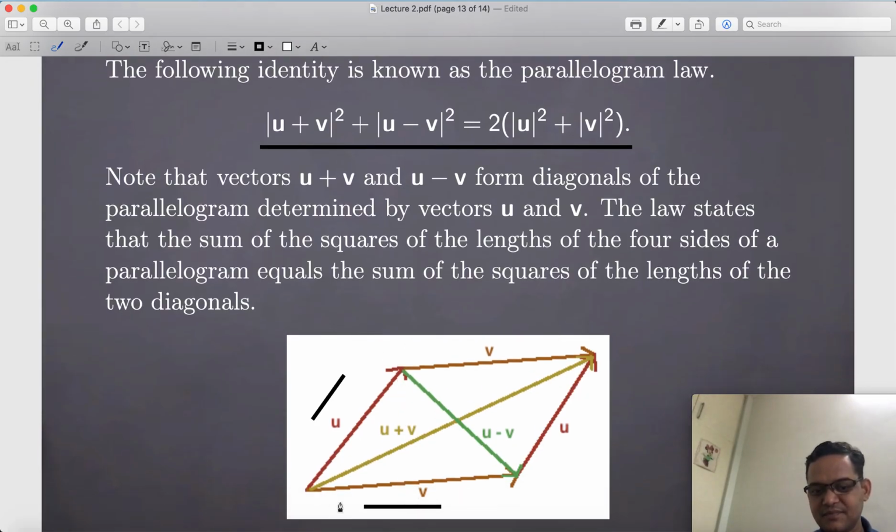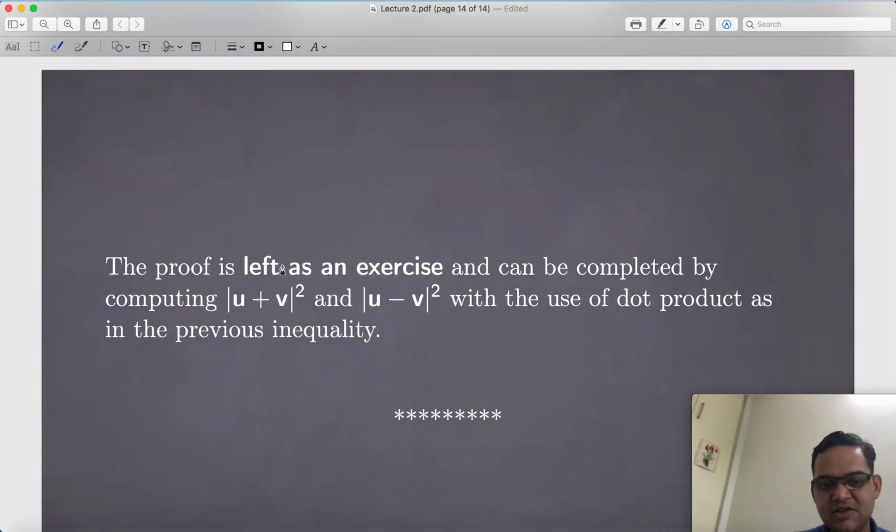Now how does one prove it? Again, the proof is easy. What you need to do is expand mod u plus b and mod u minus b. You know how to do it because we just did it for mod u plus b, so the same thing you do for mod u minus b. I did not write the details here, but just using the same idea as for the triangle inequality, compute this quantity and then compute this quantity.